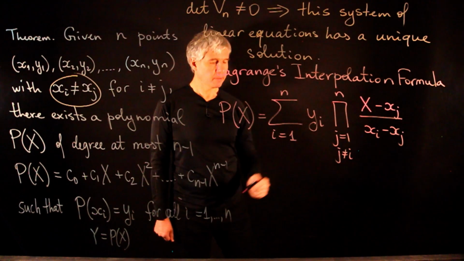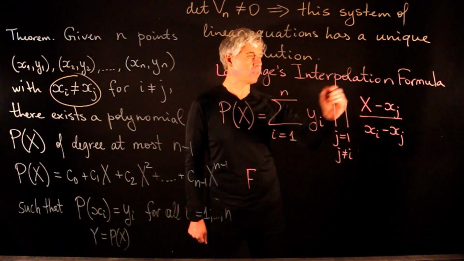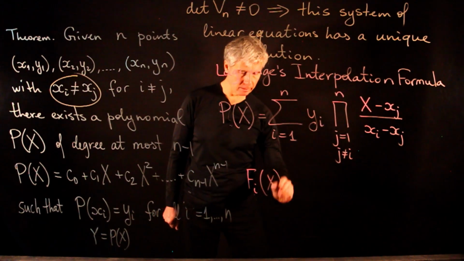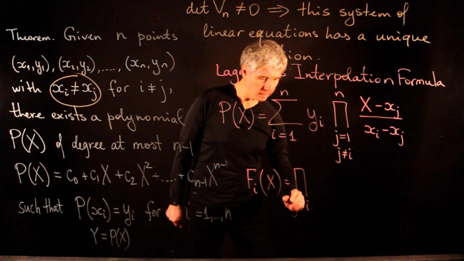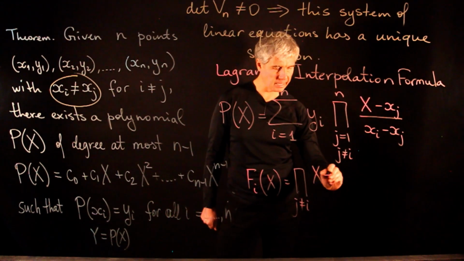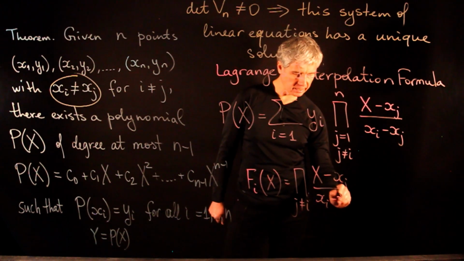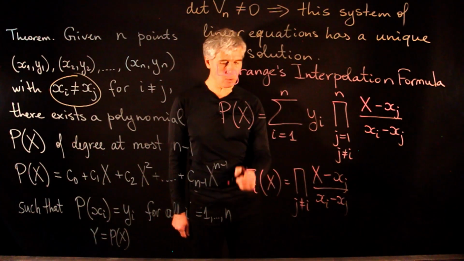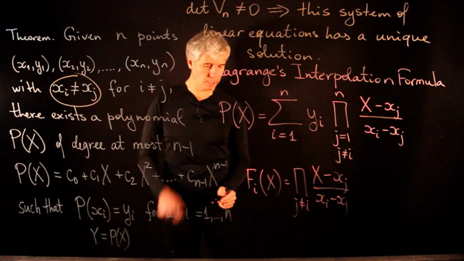To see that this formula works, we just consider the term here. So let's call fi of x the product over j different from i of x minus xj over xi minus xj.